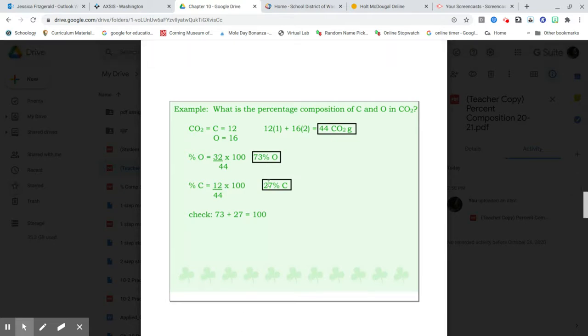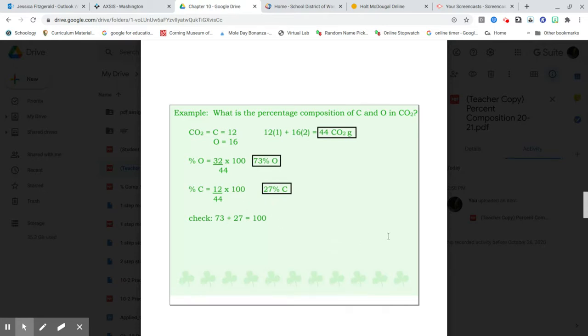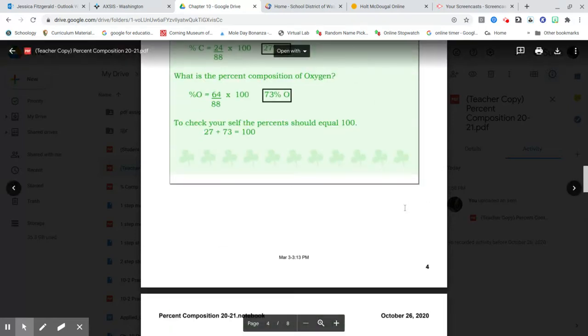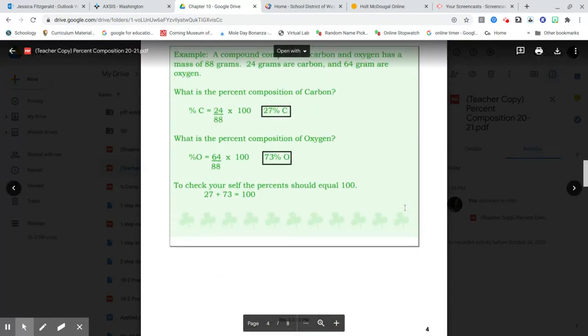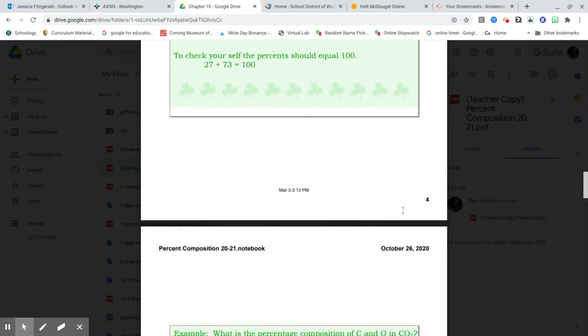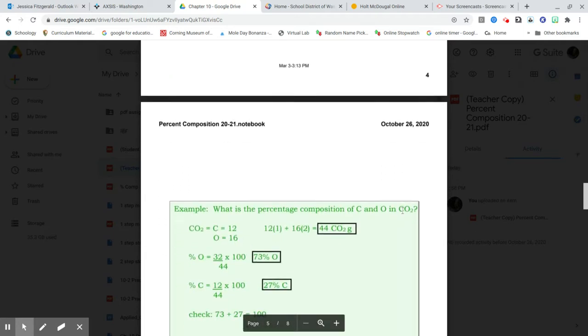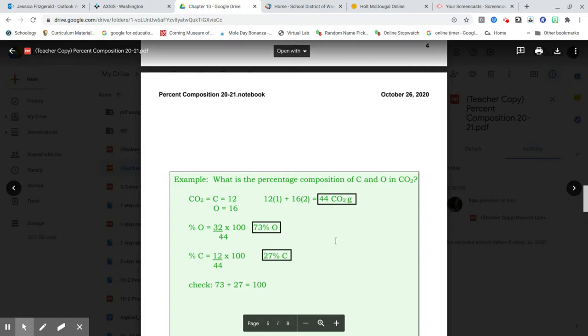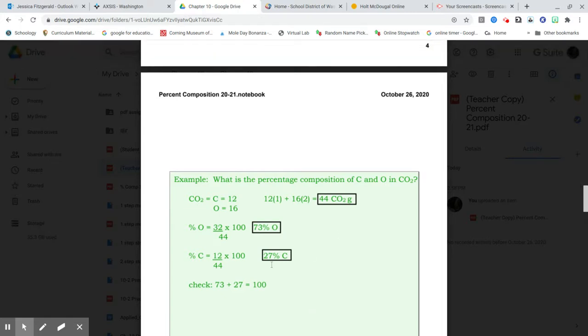Again, add your percents together. They should equal 100. So from your problem before, did we end up with the same percents? Yes, we did. So again, it doesn't matter the amount of your sample, your percent composition of your elements for carbon dioxide will always be 27% carbon and 73% oxygen.